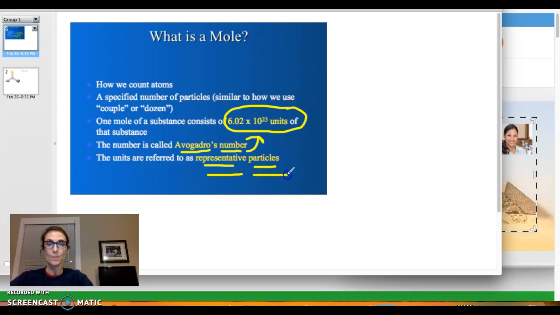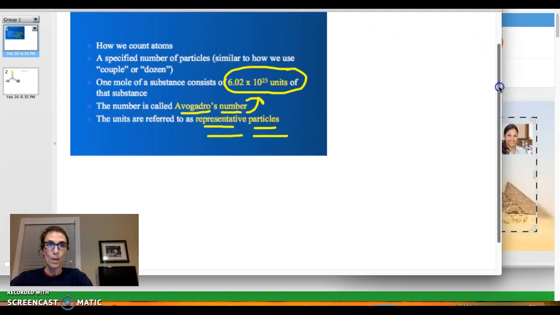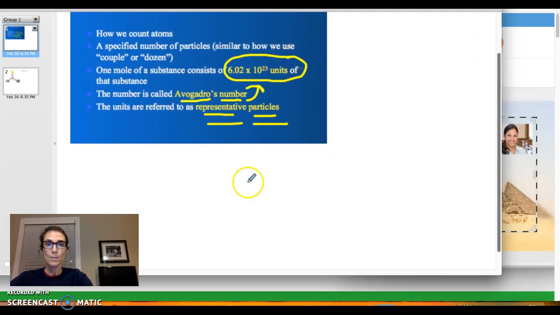You might be wondering. It all depends on the type of substance that we're referring to. So let's go over that. If we're talking about an element by itself, the representative particle would be an atom.